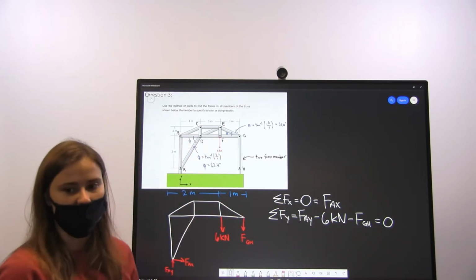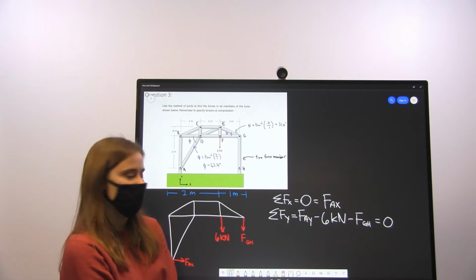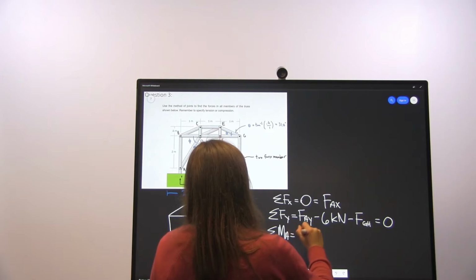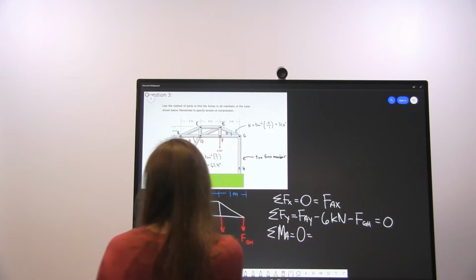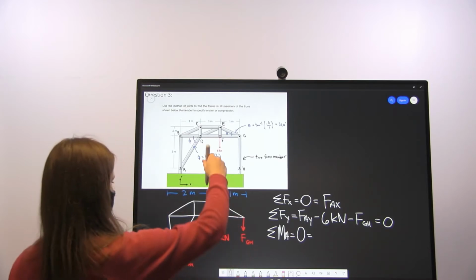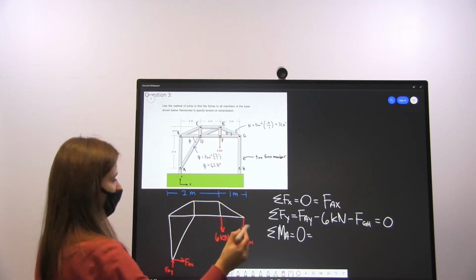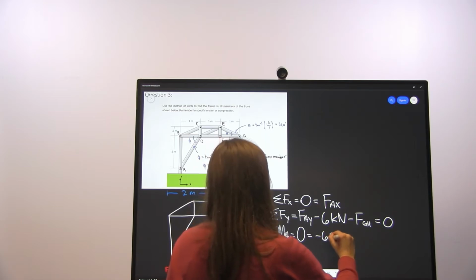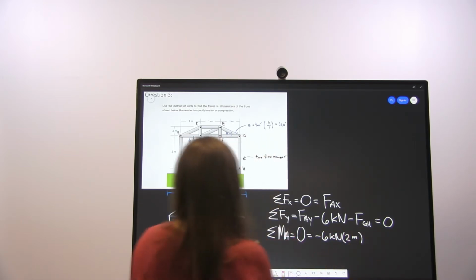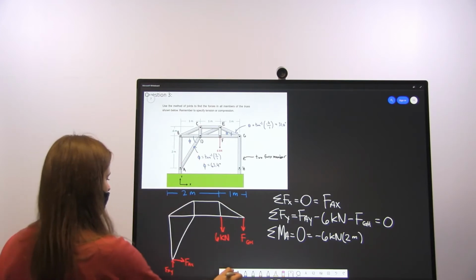So what we're going to do is take the moment equation at A, which is equal to 0. This 6 kilonewton force is going to create a clockwise rotation, so it's going to be negative 6 kilonewtons times 2 meters, because it's 2 meters away from A right here.